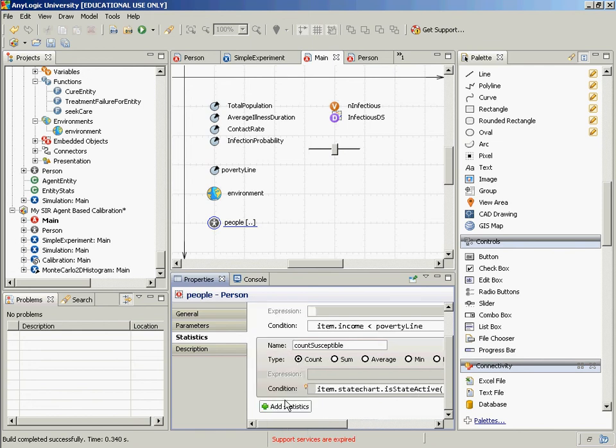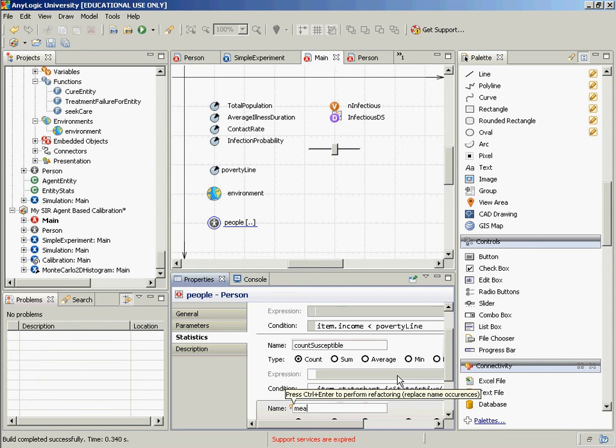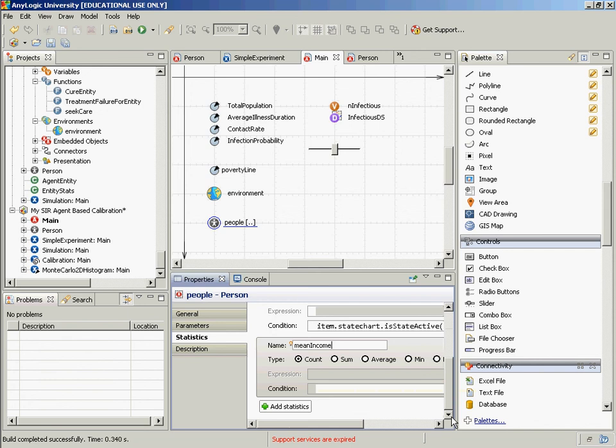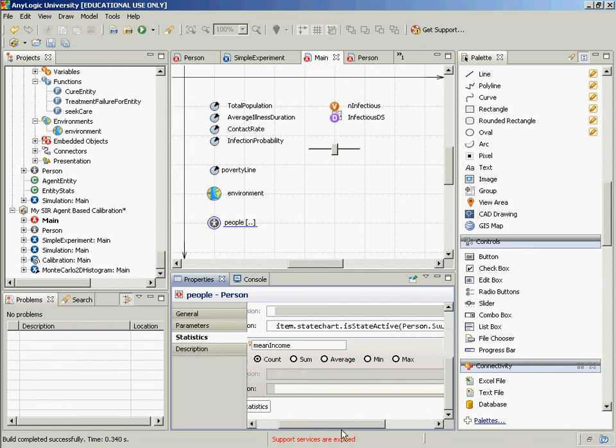Let's do one more statistic. If I wanted to take the average population, or the average income in the population, how would I do that? So I want to say average mean income, say, right? Mean income. So I added a statistic. What do I do here? Average, yep.